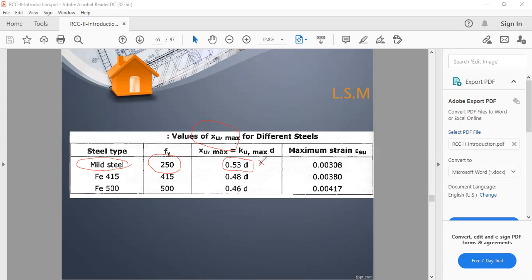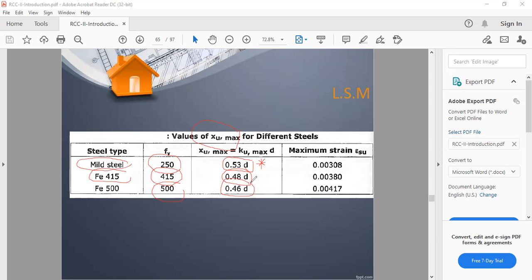You should remember this. Then if you apply 415, replace 250 by 415, you will get 0.48 times d. And if you replace it by 500, you will get 0.46 times d.